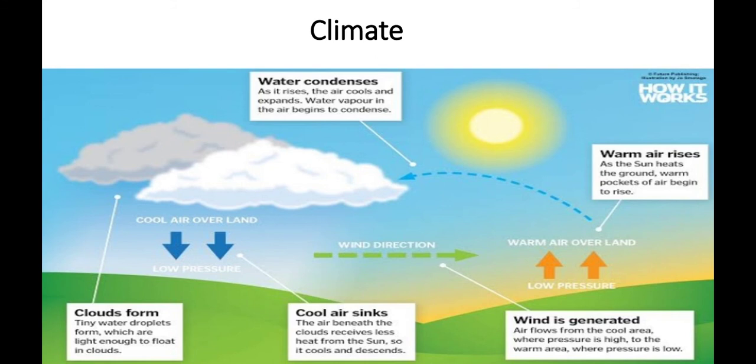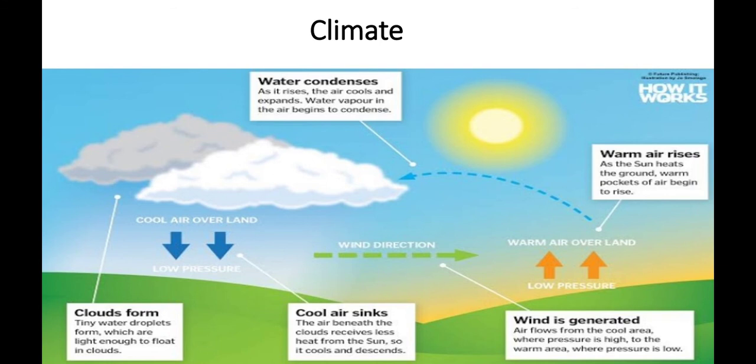The air is warm because the sun's rays are direct throughout the year. In the equatorial regions, the land and the water heat at approximately the same rate.